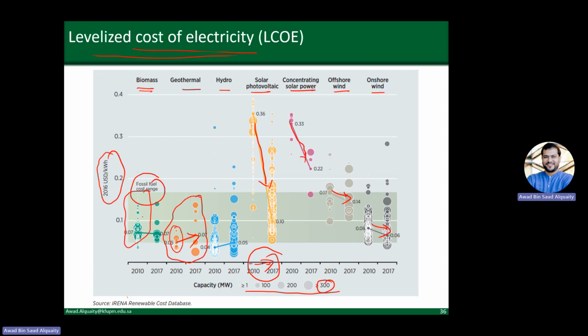Biomass is again very much within the fossil fuel range. Geothermal is also within the range, as is hydro for the most part. So if you compare this with other renewable energy sources, geothermal is already in a relatively comfortable price range. So it makes sense to figure out how we can extract more power using geothermal resources, how we can use it to meet more of our energy needs. Remember, it will not be able to meet all of our energy needs. It will at best probably contribute 10% of a given country's energy needs.